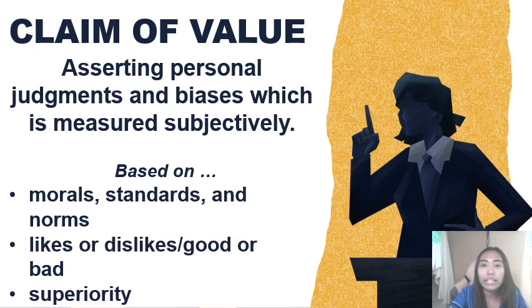So, in defending a claim of value, it involves offering a set of criteria for consideration, defending that criteria as legitimate, and showing how to apply that criteria to justify the claim. Again, claim of value is all about personal opinion. Okay, let's take a look at our next example.